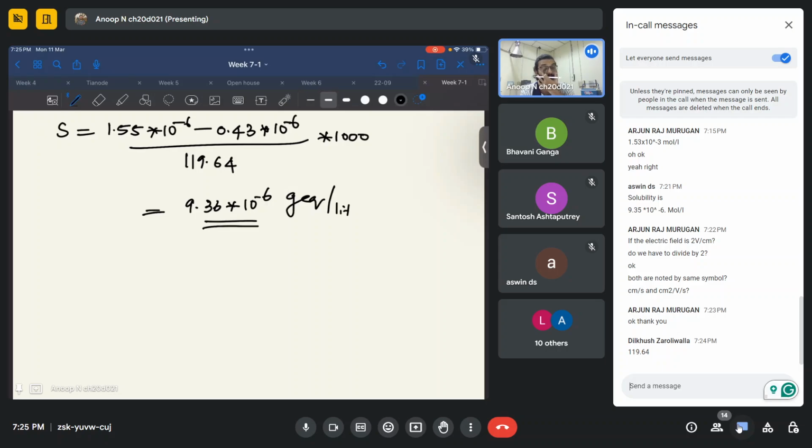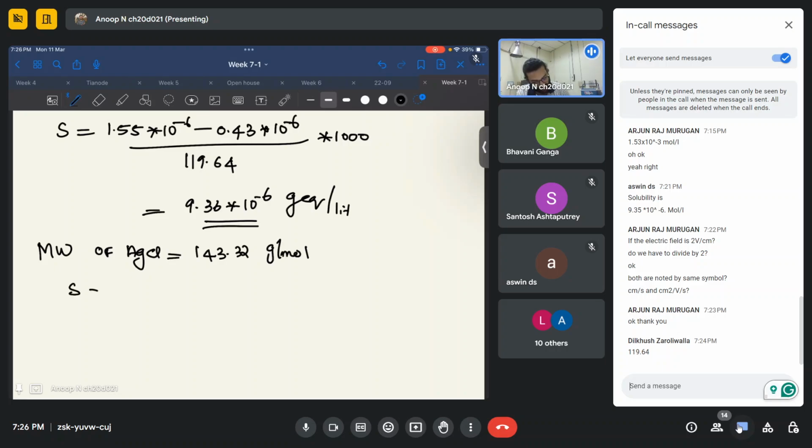Since it is AgCl, if you take moles or gram equivalent, it won't make any difference. But if you take something like CuSO4, etc., it will differ. Its equivalent weight and molecular weight are different. So here we have the molecular weight of AgCl equal to 143.32 gram per mole.